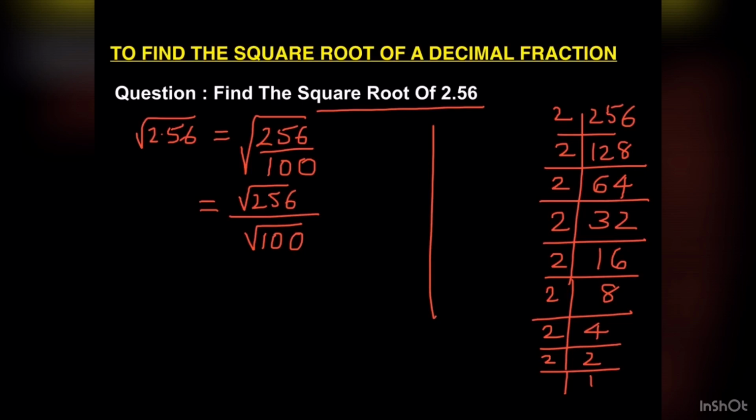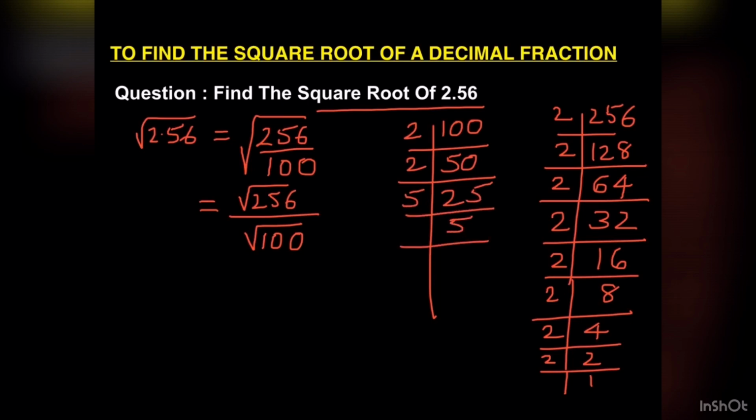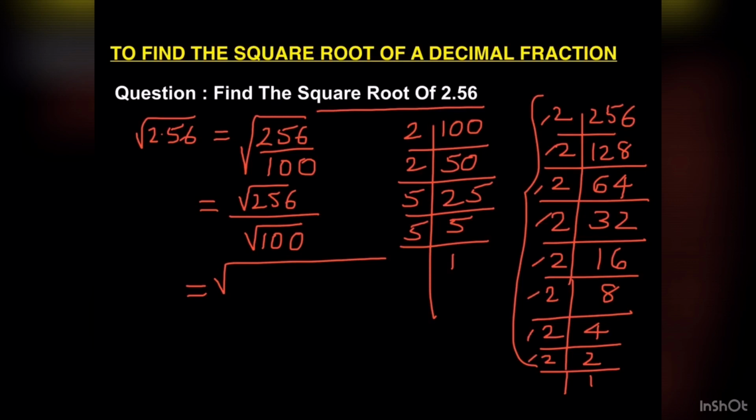Same way, let's do the prime factorization of 100. 2 times 50 gives 100. 2 times 25 gives 50. 5 times 5 gives 25. 5 times 1 gives 5. So now we can write the numerator, square root of 256. Now using these factors, so we see here 2 is multiplied 1, 2, 3, 4, 5, 6, 7, 8 times.